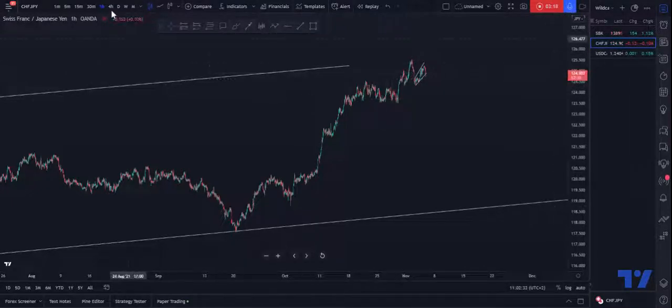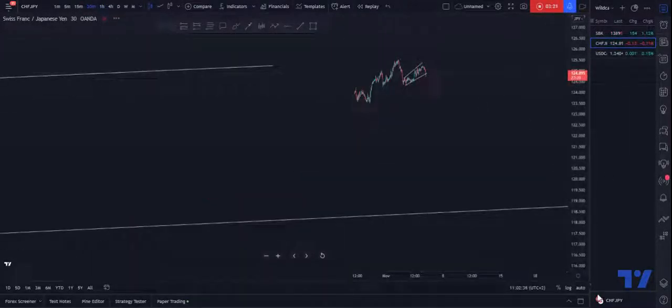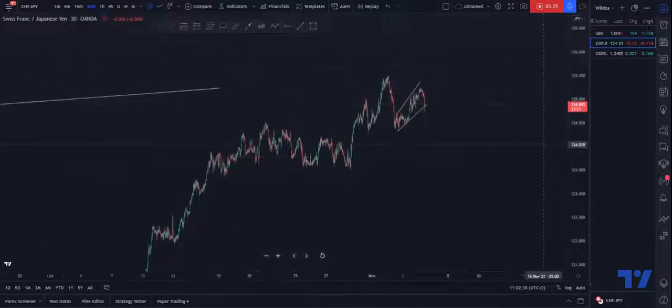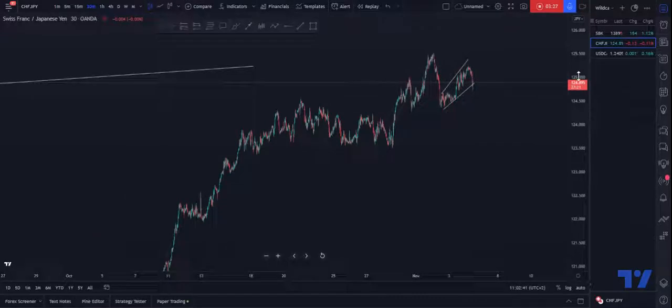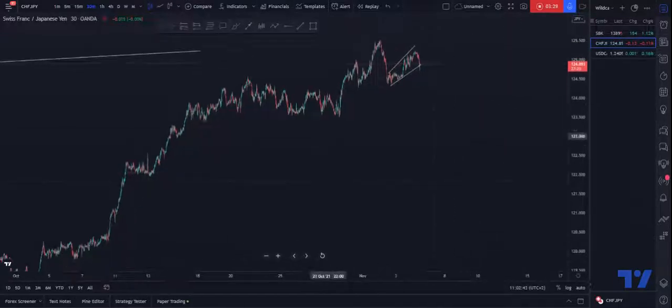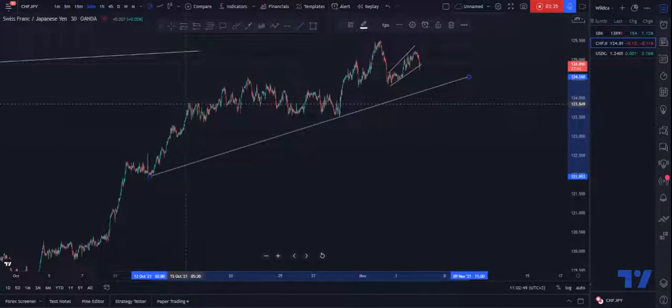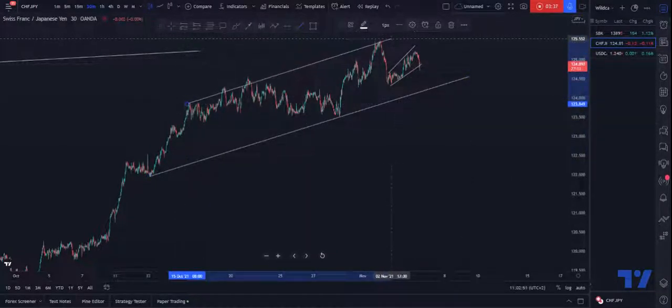We are going to tackle this matter by going to the lower time frames, the 30-minute chart, just to look at how we are doing on the structure alone. What we have is this sort of structure. I'd say it's an expanding pattern.